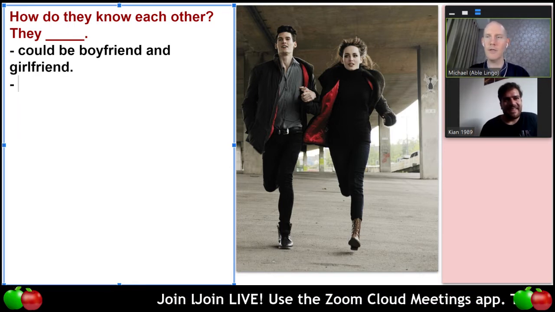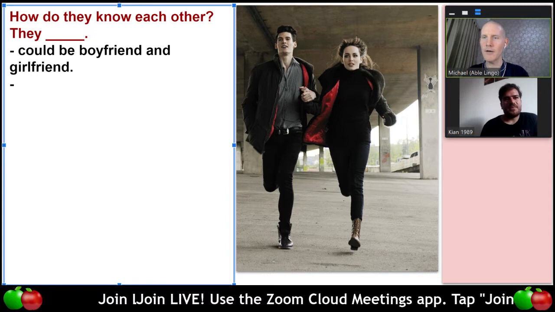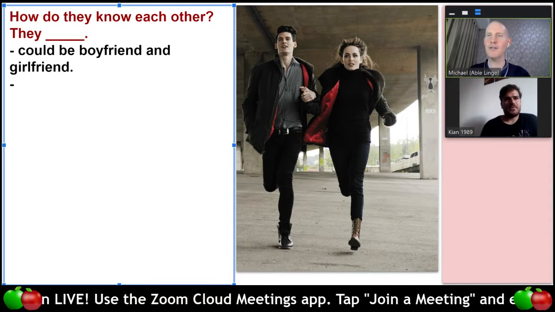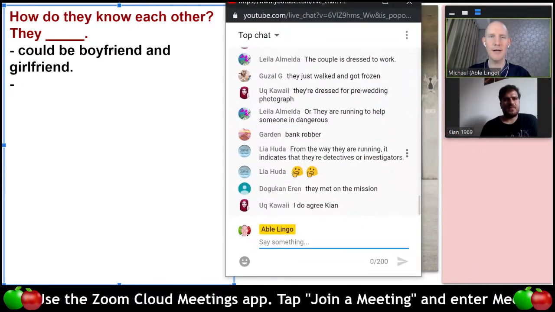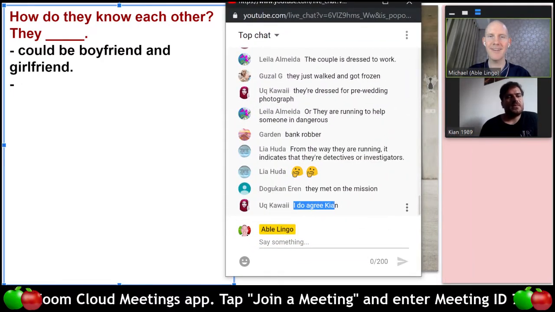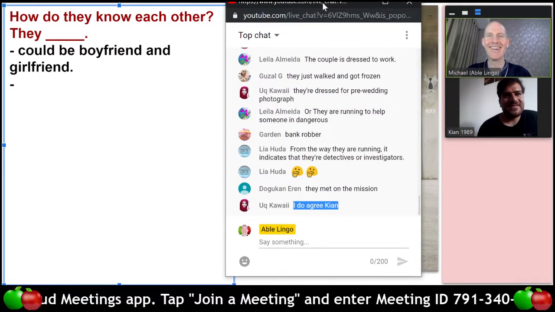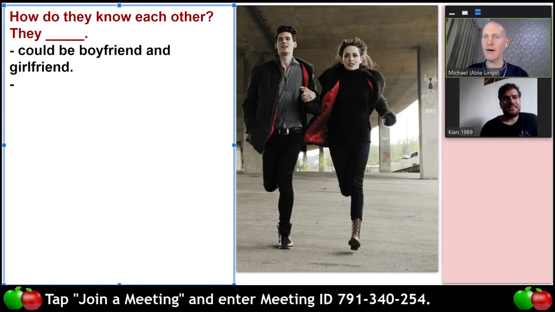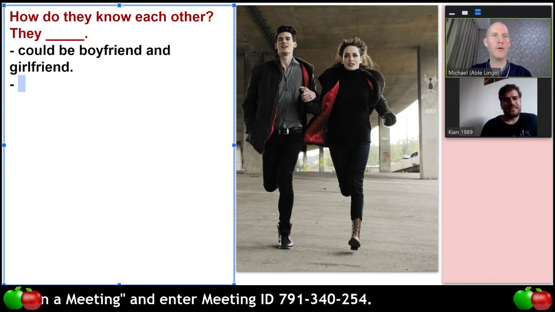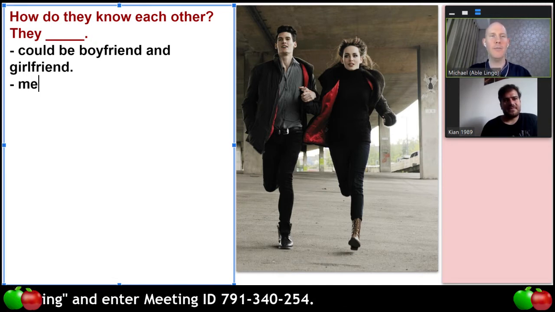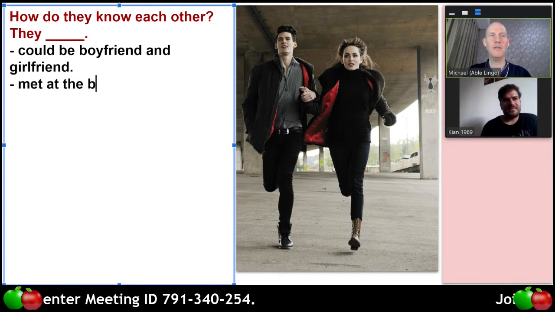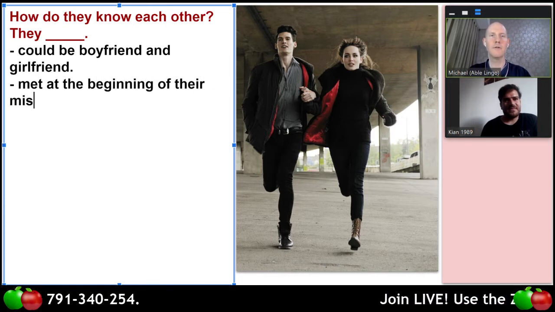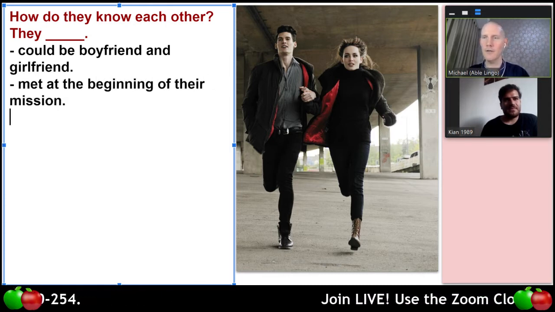Right, let's see what else. Dogokan Eren, they met on the mission. Oh, and UQ Kawai says she agrees with you. I do agree, Kian. Good. All right, let's see. Dogokan says they met on the mission. So how do they know each other? They met maybe at the beginning of their mission? Let's see.